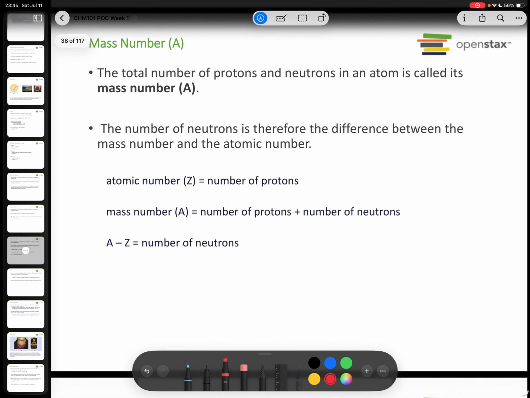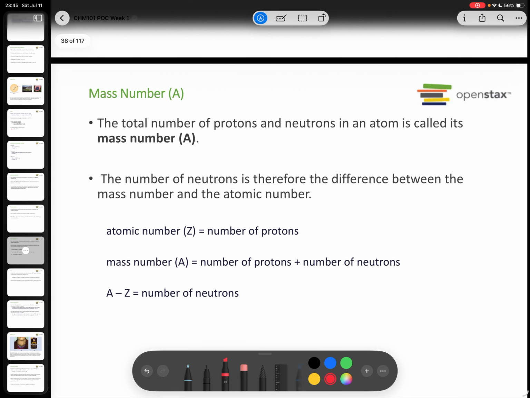Okay, let's move on to mass number. The mass number, represented naman by the letter A, is the total number of protons plus neutrons in an atom. So atomic number Z equals the number of protons. Ulitin lang yung kanina. Mass number A is equal to protons plus neutrons, okay?